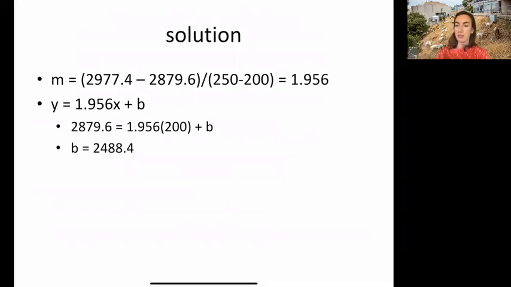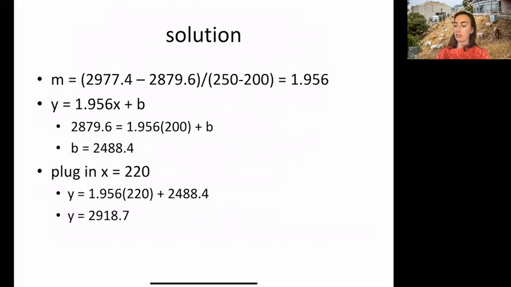I plug in one of my points, so in this case I'm plugging in y1 and x1, and I solve for b. And so then I know that my whole equation is y equals 1.9x plus b that I just solved for, and I can solve for y being 2900. So this is just a super simple example of how to do linear interpolation.